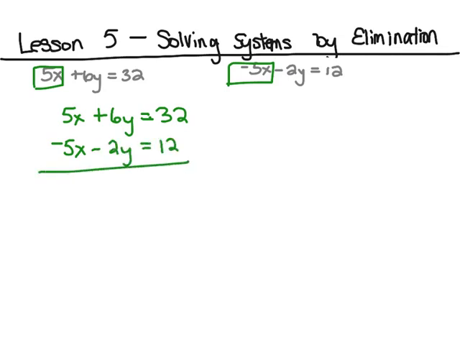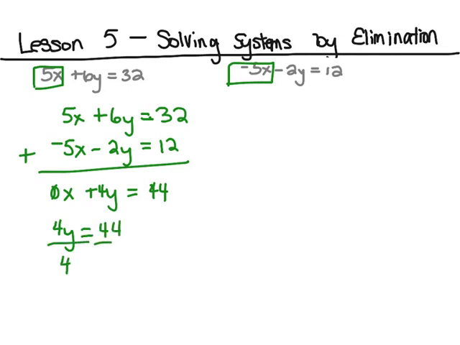And the operation that we need to make the x 0 is addition. So 5 plus negative 5 is 0, so we're going to add. So 0x, 6 minus 2 is 4y, and 32 plus 12 is 44. So 4y is equal to 44.